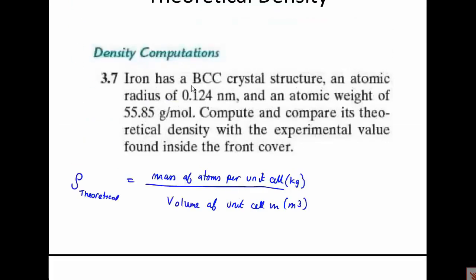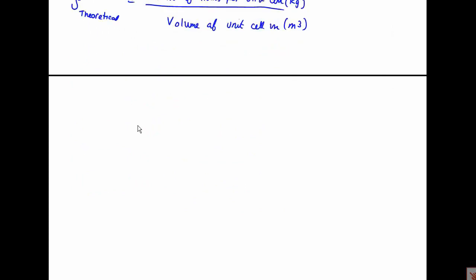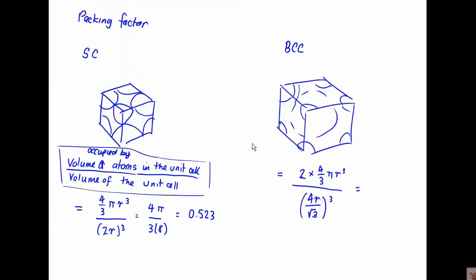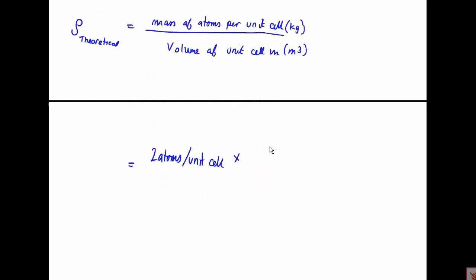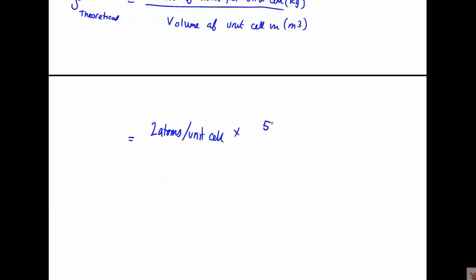In this case, we have iron, which has a BCC structure, an atomic radius of 0.124 nanometers, and an atomic weight of 55.85 grams per mole. So, applying the above equation, we need to find the mass of the atoms per unit cell. Well, there are 2 atoms per unit cell in the BCC structure. The mass of one atom is going to equal the atomic mass, which is 55.85 grams per mole.